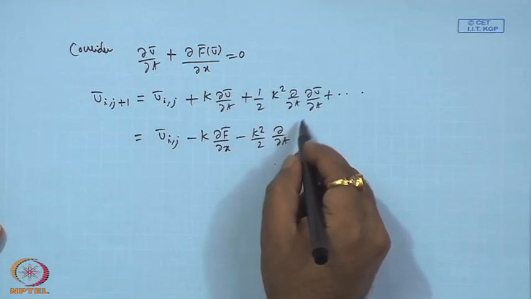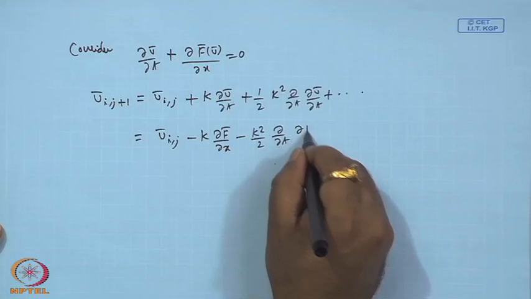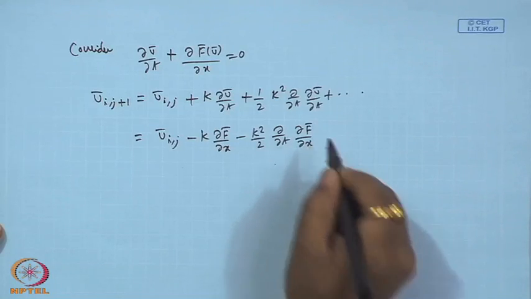So, dou u by dou t we substitute minus, okay.